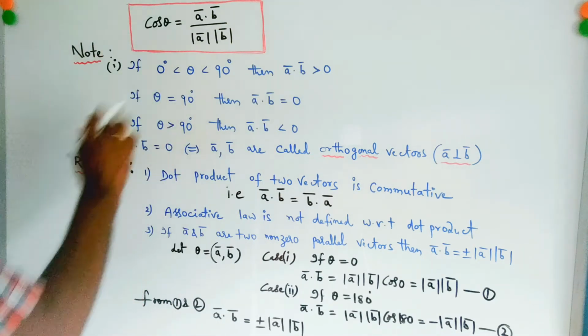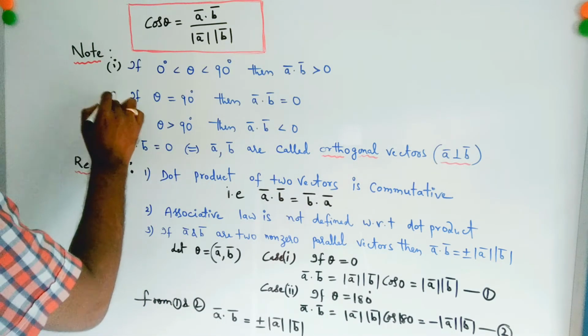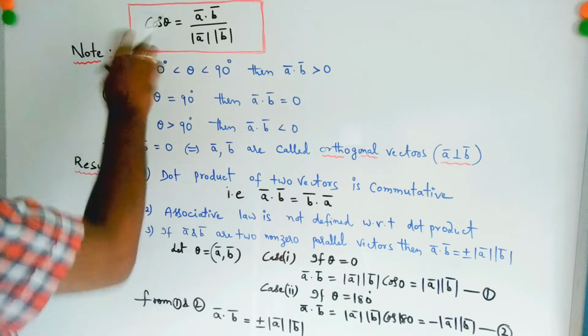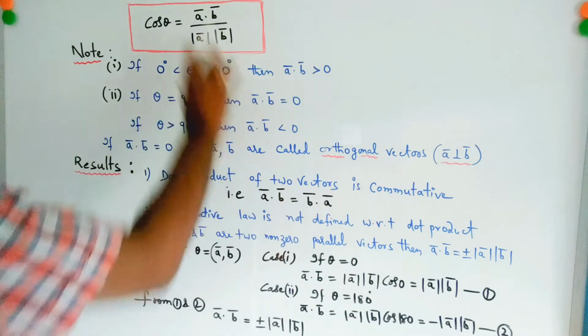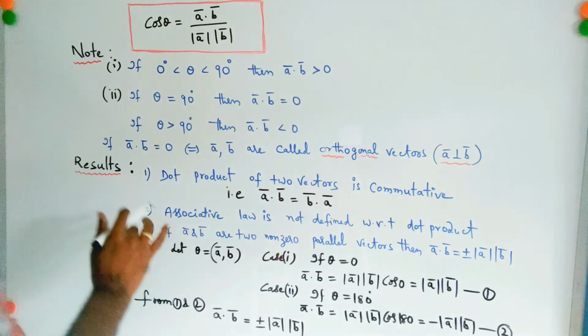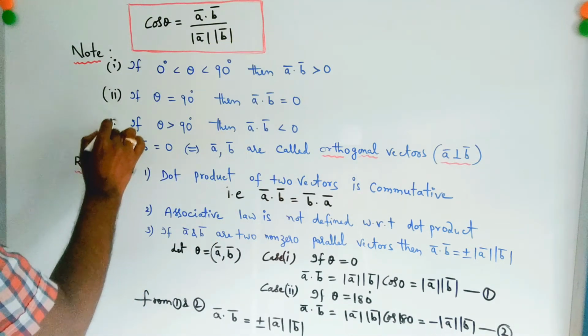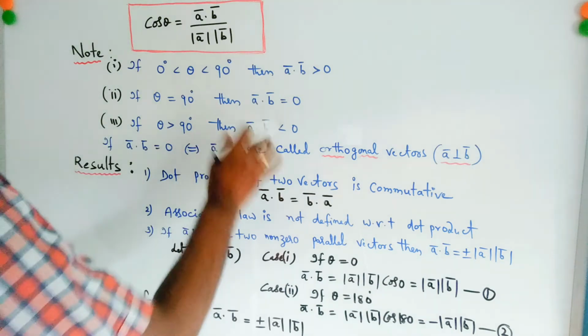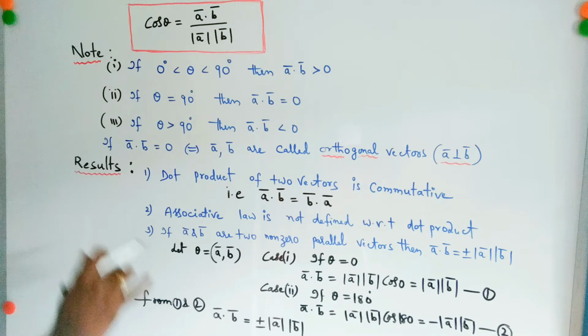If theta is equal to 90 degrees, cos 90 is 0. Therefore, A dot B is equal to 0. Next, third one, if theta is greater than 90 degrees, then A dot B is less than 0.